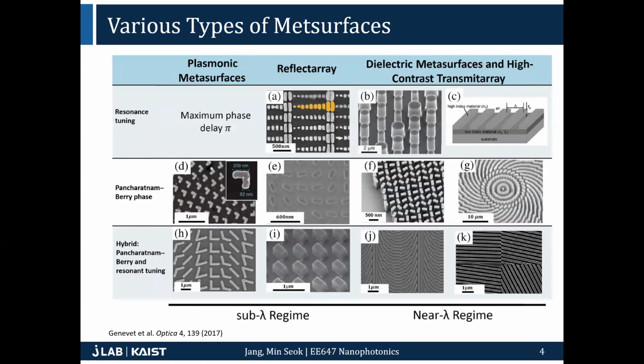So next time, I'm going to tell you about different types of metasurfaces. Depending on the operation mechanism, it can be resonant tuning, or you can use a geometric phase, or you can do a hybrid, or in terms of material, it can be plasmonic, or it can be dielectric.